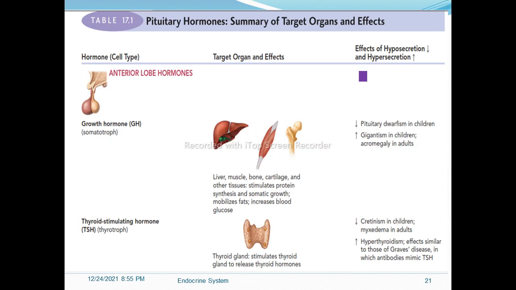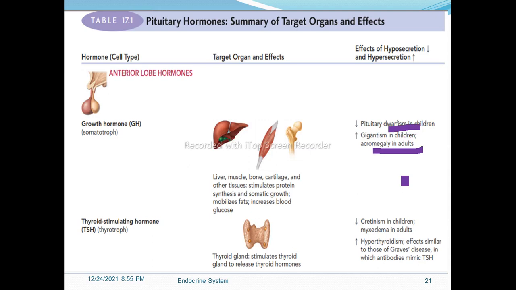Effects of hyposecretion and hypersecretion: a decrease in growth hormone leads to dwarfism in children. An increase in growth hormone leads to gigantism in children, acromegaly in adults.